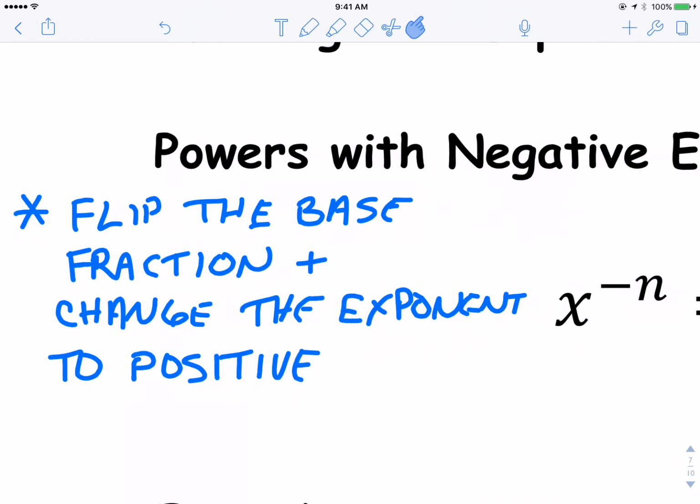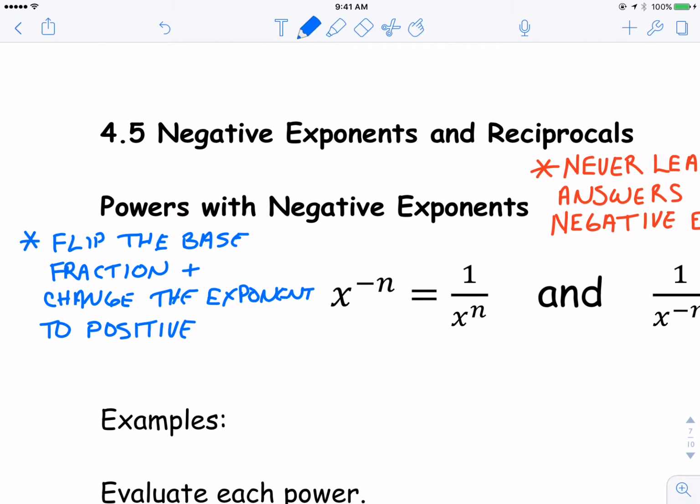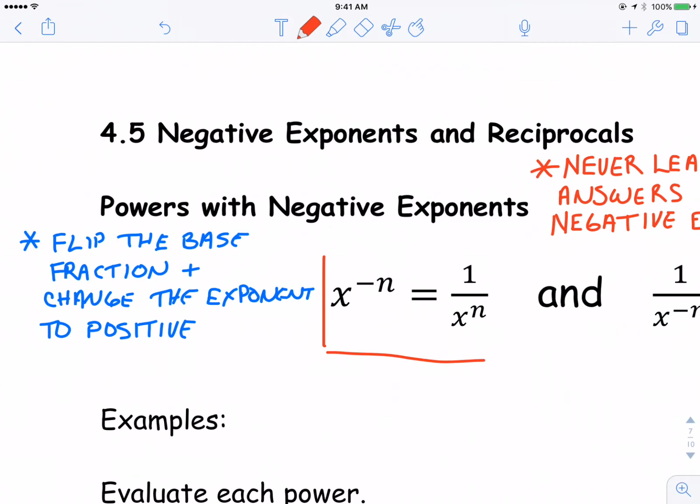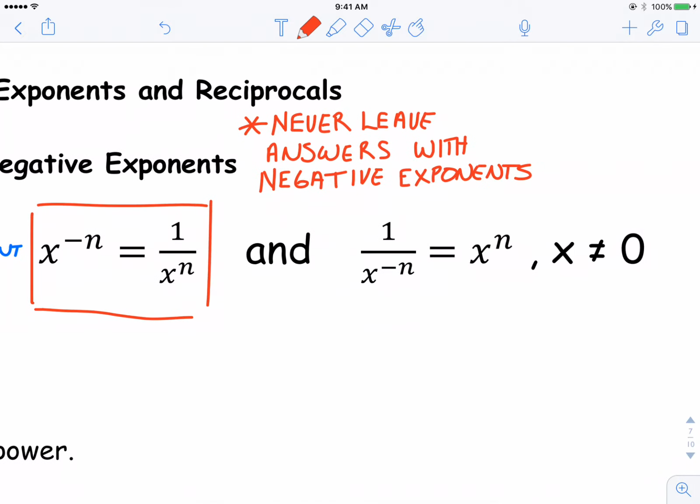So we have two rules that we have to remember. First of which is x to the power of negative n can be rewritten, and should be rewritten, as 1 over x to the power of n. The second rule is 1 over x to the power of negative n is actually equal to x to the power of n.